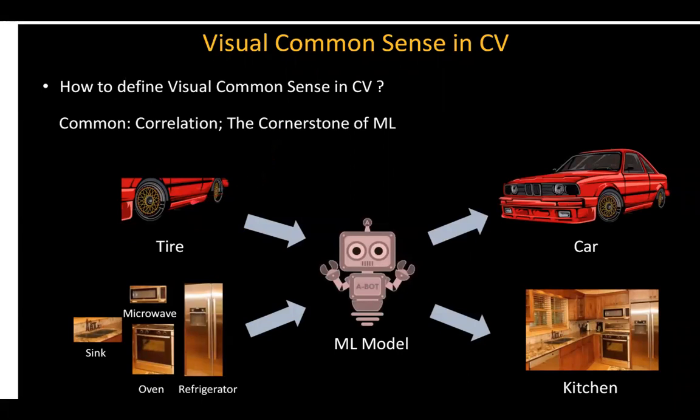Like if you observe a tire, then you know there's a car. And if you observe a sink, microwave oven, or refrigerator, then you know there's a kitchen. Yeah, that's what the machine learning model does.